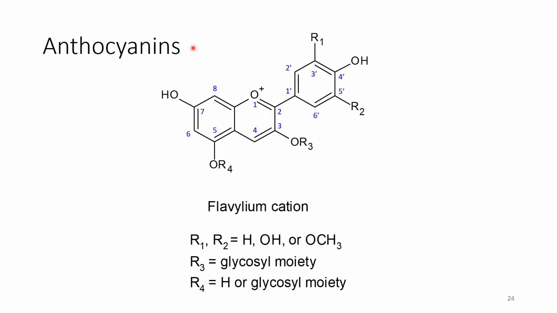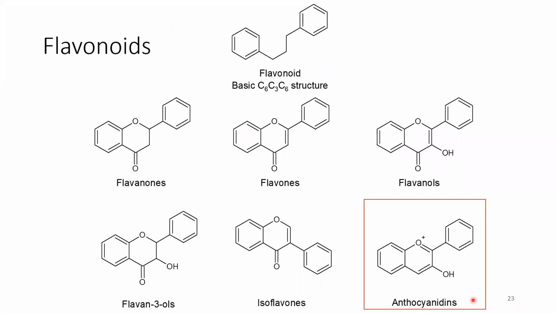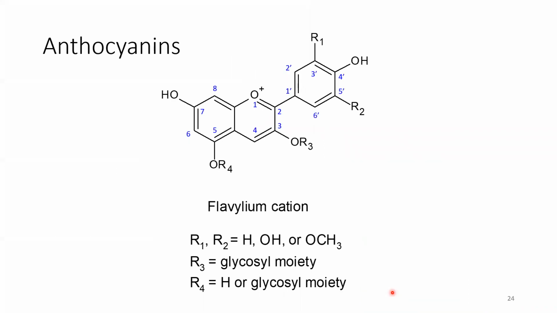I mentioned these are anthocyanins, and here this is anthocyanidins. An anthocyanin is an anthocyanidin with a sugar attached somewhere. You can have sugars attached at several places, at the 3 position, the 4 position, and even at other places as well.